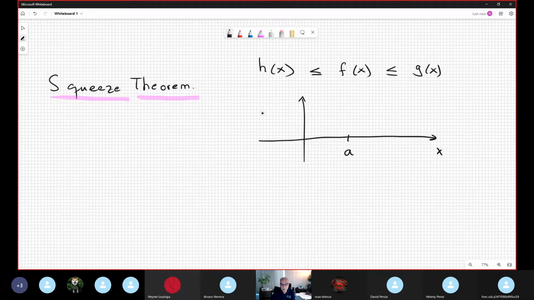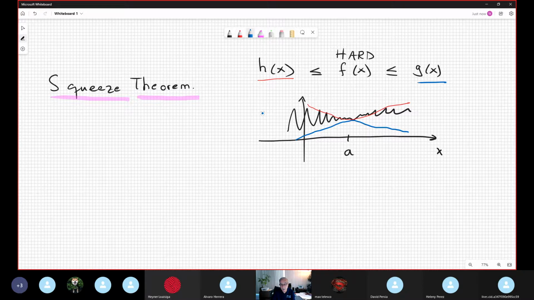But f is very, very complicated, very hard to evaluate, because f is something weird. Algebraically it's complicated. However, we discovered that we have one h that is not complicated, and we have another g that is not complicated.